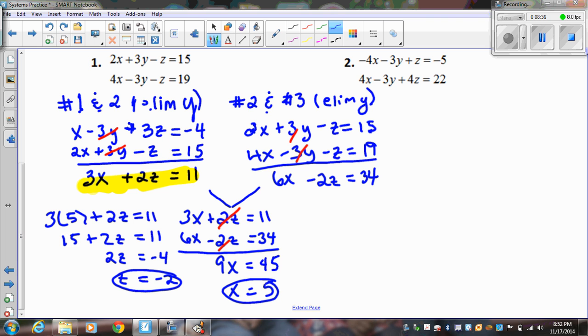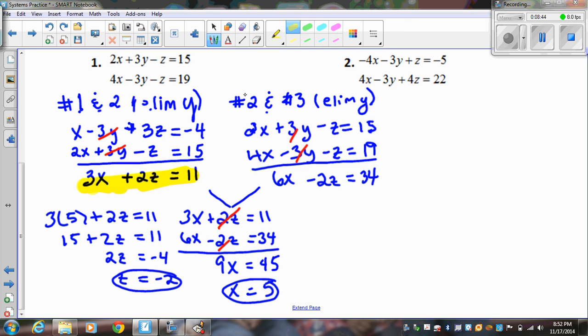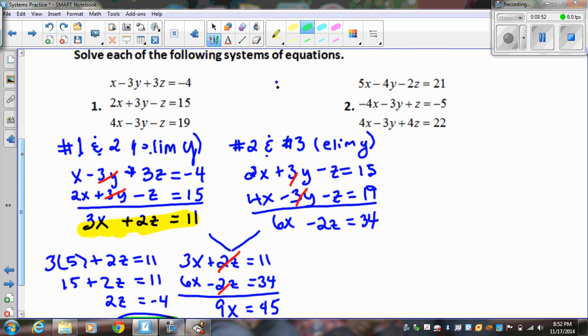Now what I need to do, now that I have two variables, is take those two variables and substitute them back into one of my original equations. So when I take a look at those original equations, the one that looks like it'd be possibly the easiest to use is this top one, x minus 3y plus 3z equals negative 4.